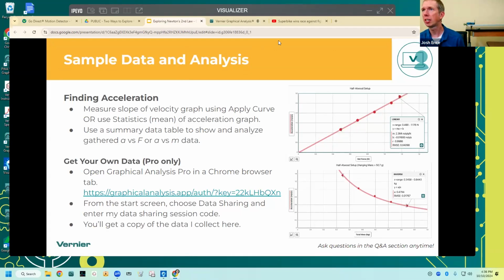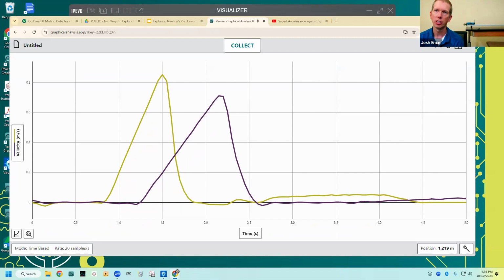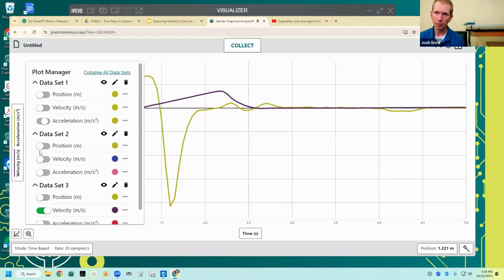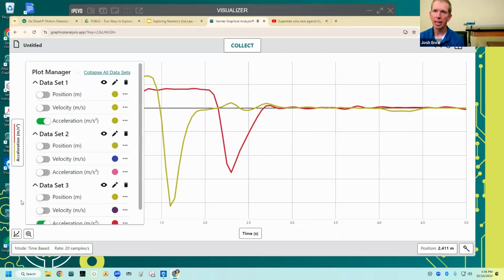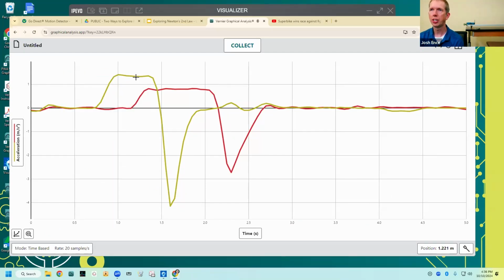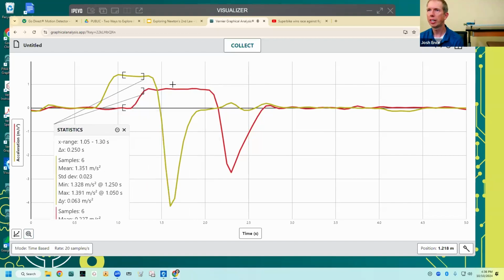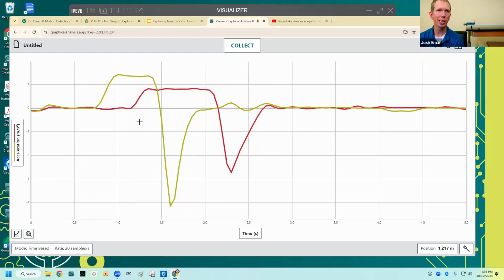You can actually look, Graphical Analysis calculates the acceleration. You could show that data instead. And we know that it's during this portion right here and during this portion right here that the 2 are accelerating. If you choose to do it like that, you'd want to use the statistics feature, so you get an average acceleration during those portions where it's speeding up.